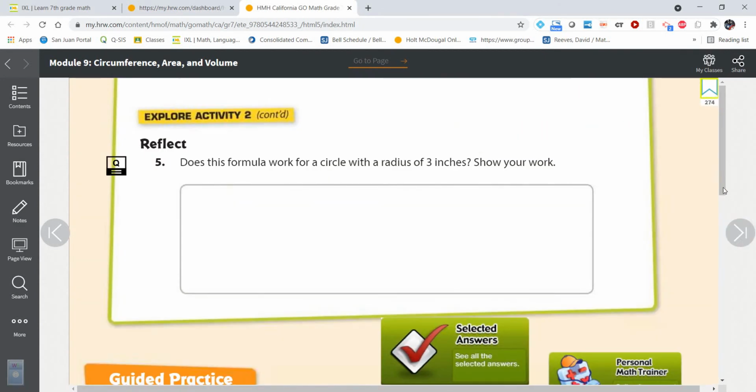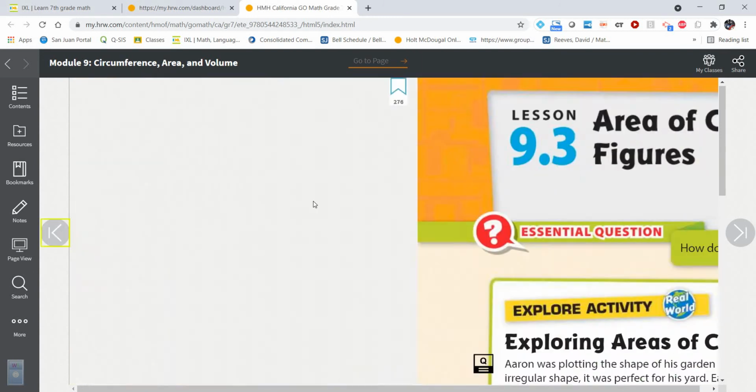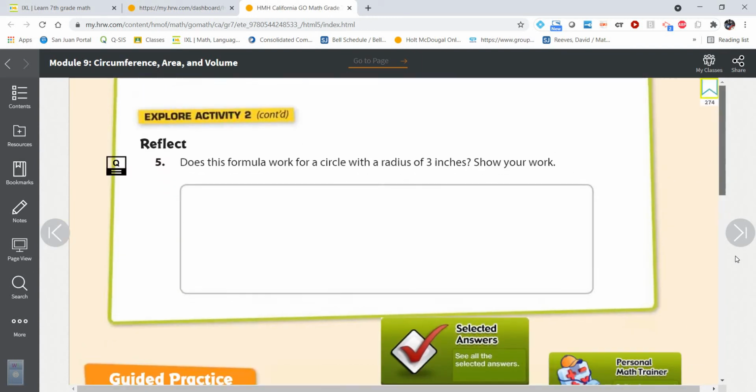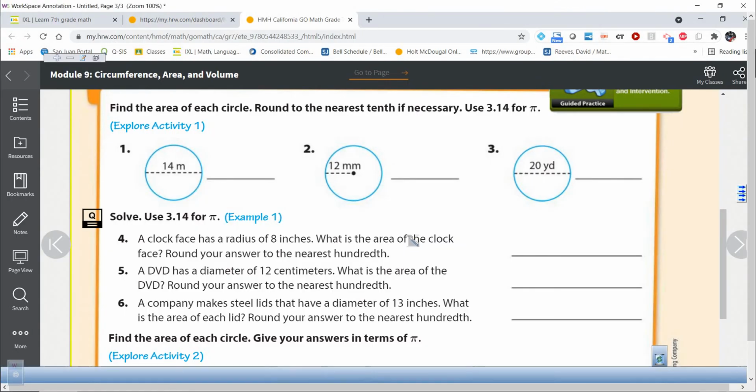All right, let's look at another example where we are asked to find the area. I'm going to go to number 2 first, because on number 2 you'll notice that they gave us the radius. So the radius is equal to 12. Now let's go back to number 1.